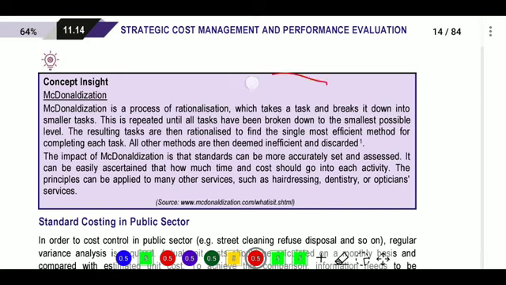This is the case of McDonaldization. Break down into small tasks and repeat until all tasks have been broken down to the smallest possible level. Next, all other methods are discarded. Whichever is not working efficiently, we will discard, as those methods are deemed inefficient.